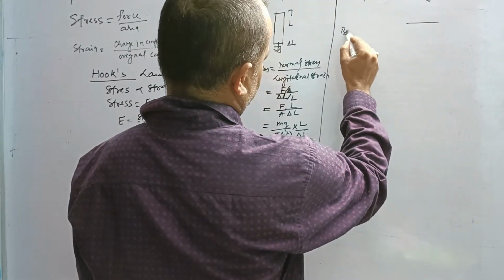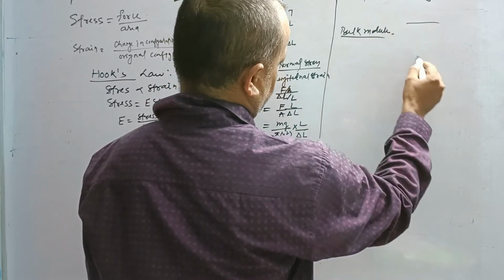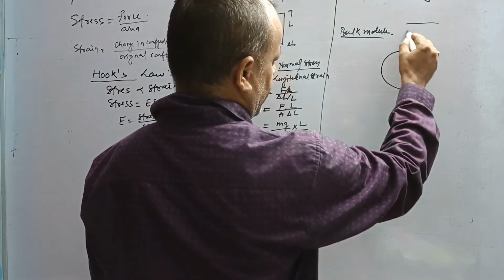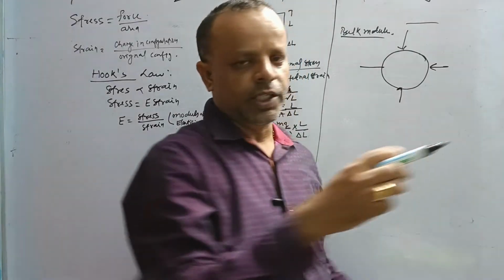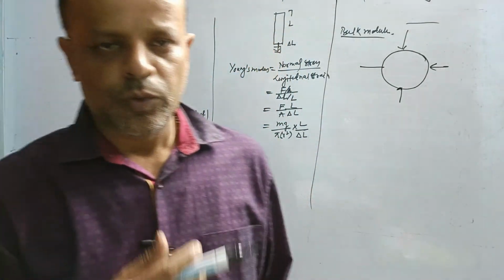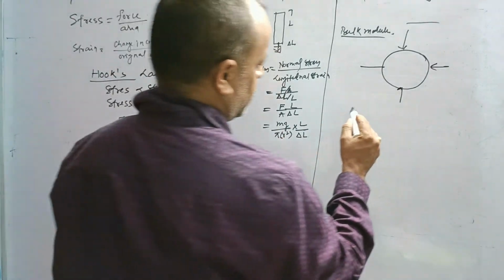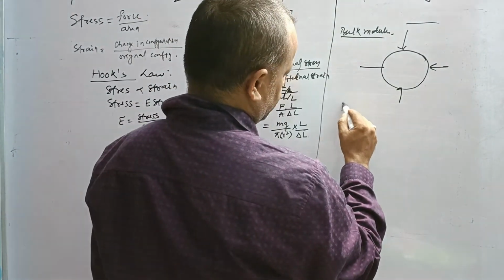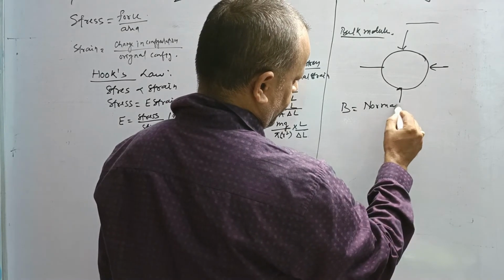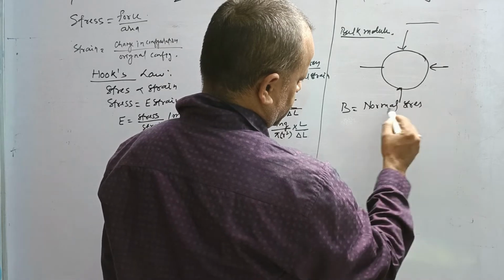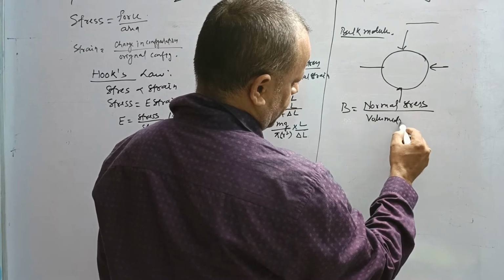Then we have bulk modulus. What is that? Let us suppose we have a certain object and we immerse it inside a fluid, which exerts pressure on it, and what results is a decrease in the volume. This is bulk modulus, and it is equal to normal stress upon volumetric strain.